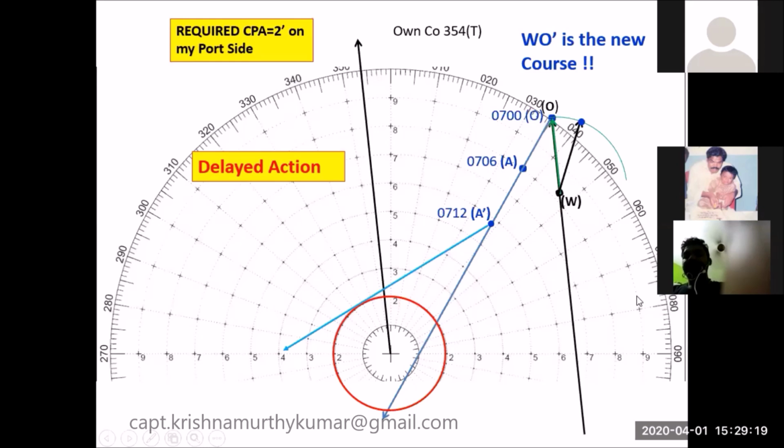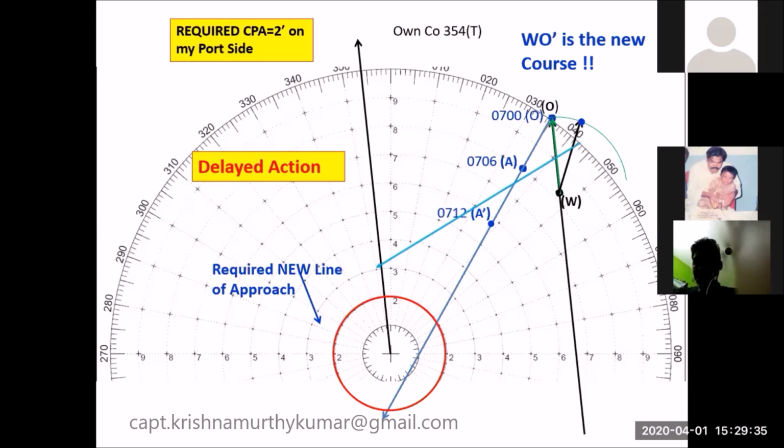Now, how do we solve this? Either we can draw the same triangle here, or we can just use the same triangle and get the answer. So how do we do that? Just draw the relative line of approach, transfer it to your 6 minutes triangle.